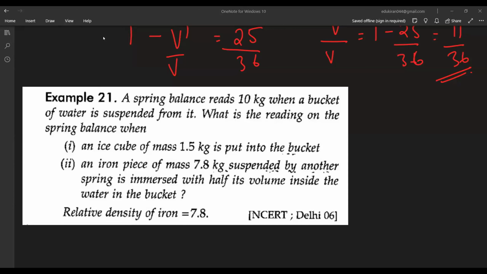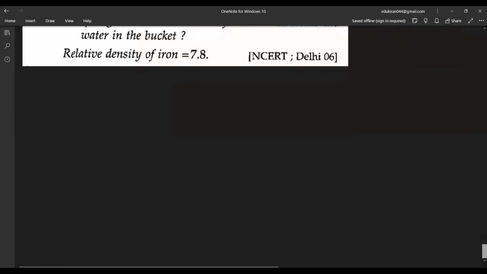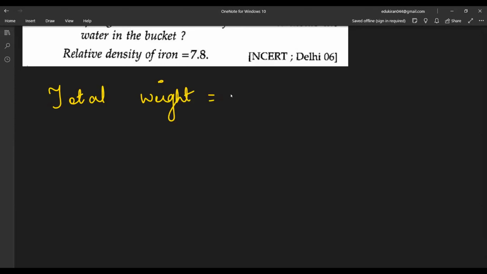When the ice is put into the bucket, its total weight will be the spring balance weight, that is 10 kg, plus the additional ice cube's weight, that is 1.5 kg.